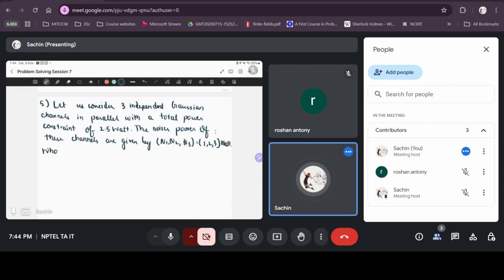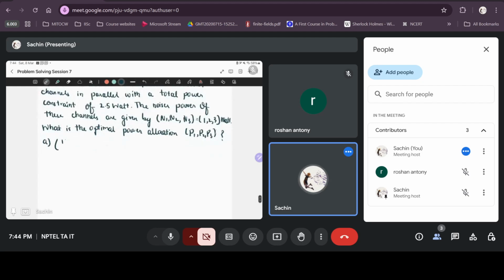What is the optimal power allocation P1, P2, P3?